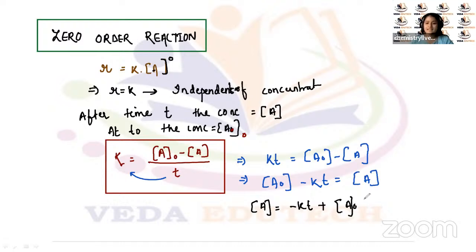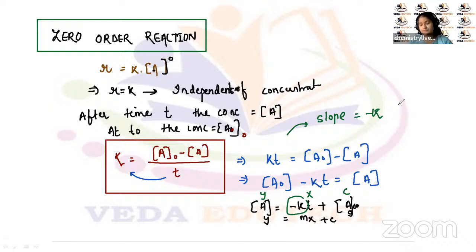And if I want to find the slope here, obviously this is your x, this is your c, this is your y. So minus k is going to be the slope. And always remember your slope is equal to nothing but tan theta.